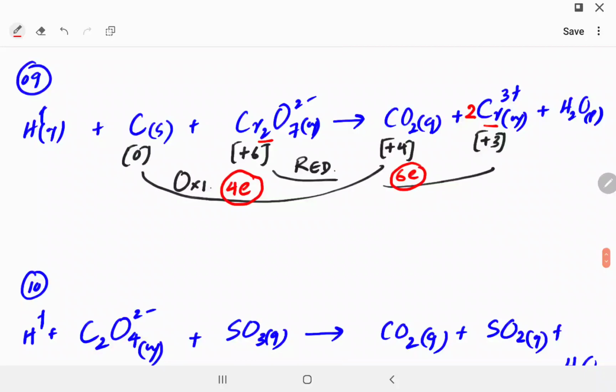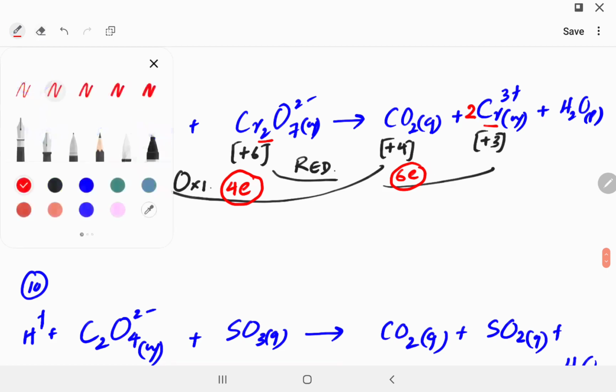So again we have 4 and 6 as the electrons for oxidation and reduction. The least common multiple for 4 and 6 is 12. So multiply 6 by 2, 4 by 3.